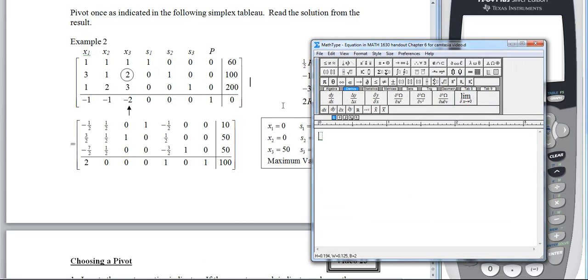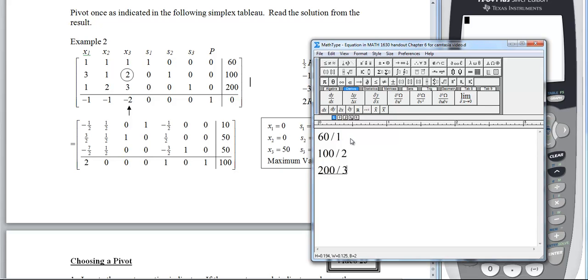So I would do 60 divided by 1. The next row, I would do 100 divided by 2. The next row, I would be doing 200 divided by 3. Okay? That's what it means by necessary quotients.